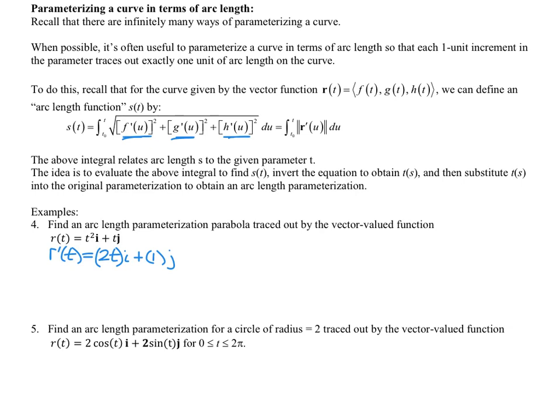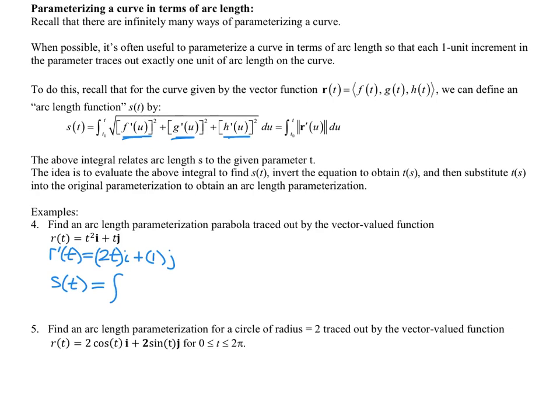What I'm going to do is set up an antiderivative going from some initial t value. Now, if you jump to number 5 here, you can see that the t's are defined from 0 to 2 pi. That makes life easier. Here it's not defined in any particular way.